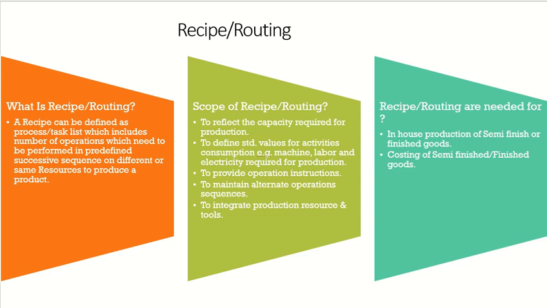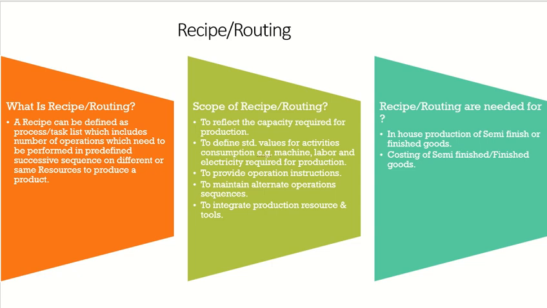A recipe can be defined as a process task list which includes a number of operations which need to be performed in a predefined successive sequence with the same resource to produce a product. So in the recipe we define the route, the machine and the time: to prepare any product, how much time is taken by the machine and by the labor.